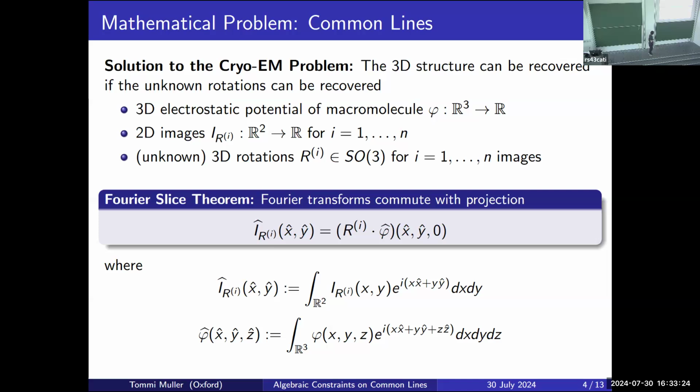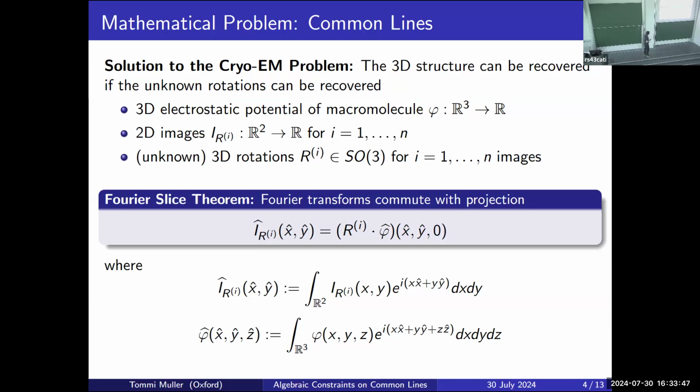So yes, this left-hand side is equal to the right-hand side. That's if you took the Fourier transform of your potential phi hat and then projected onto the plane where z equals 0. So if you project and then take the Fourier transform, that's the same as taking the Fourier transform and projecting.